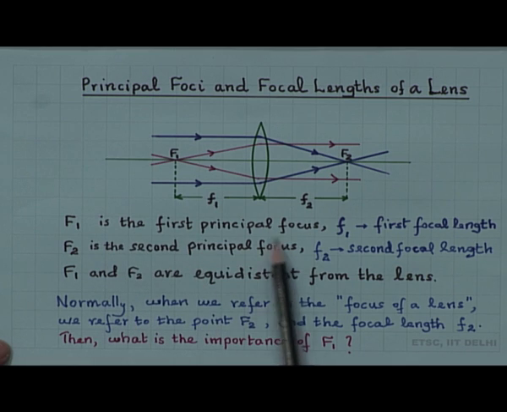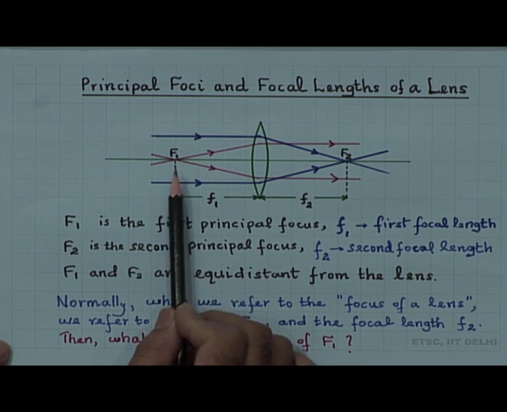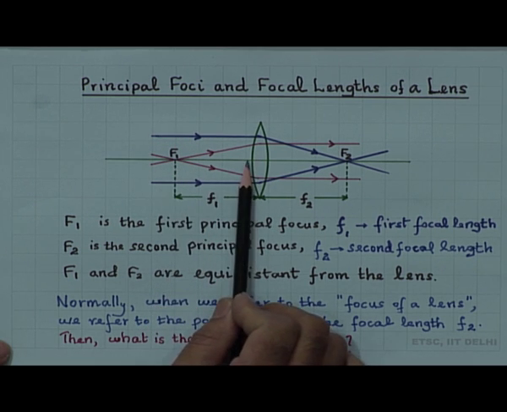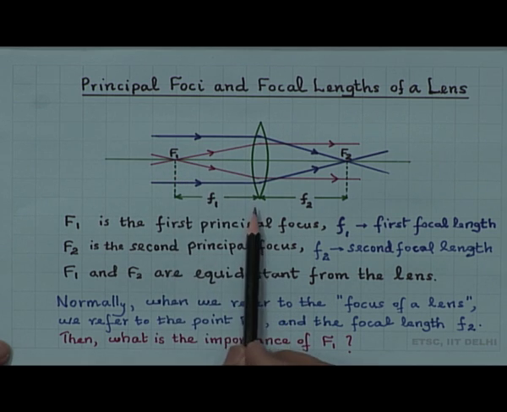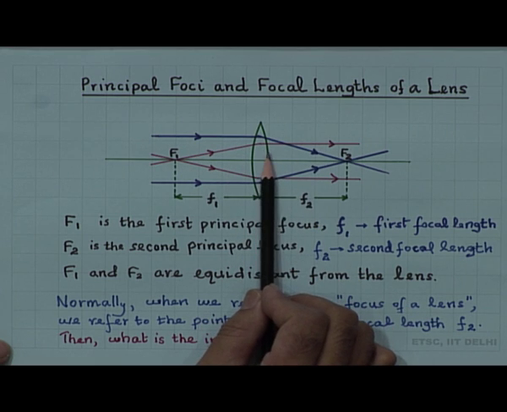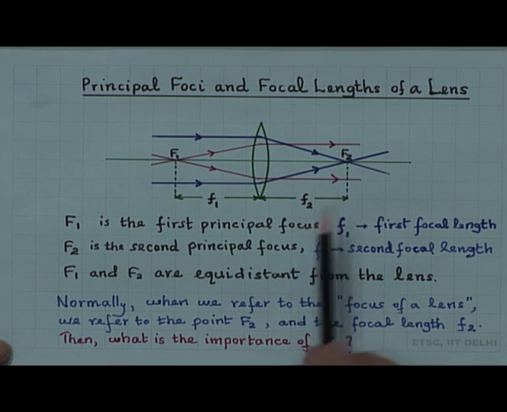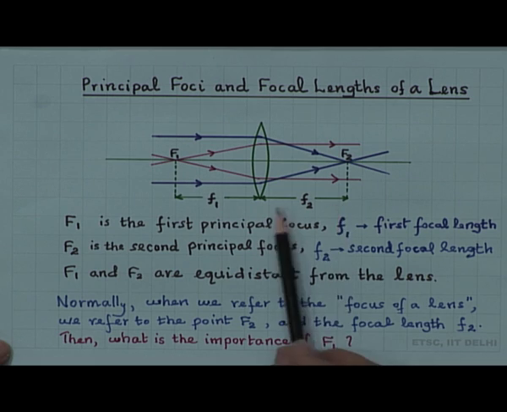So, F1 is the first principal focus, because when we go from here we encounter the first surface, first principal focus, first focal length. When we go further, we encounter the second surface, second refracting surface, second principal focus and second focal length.